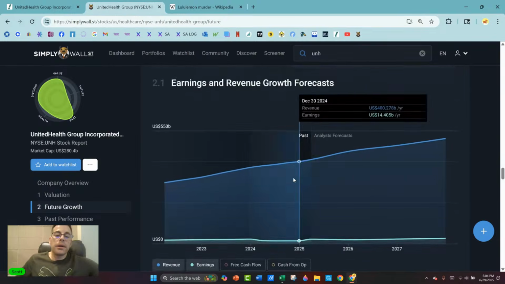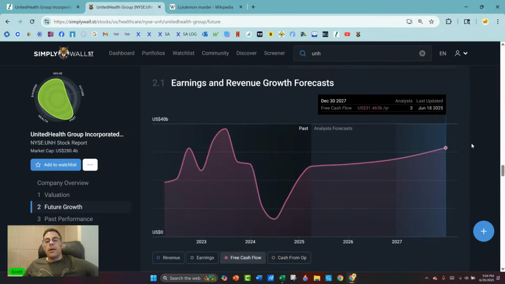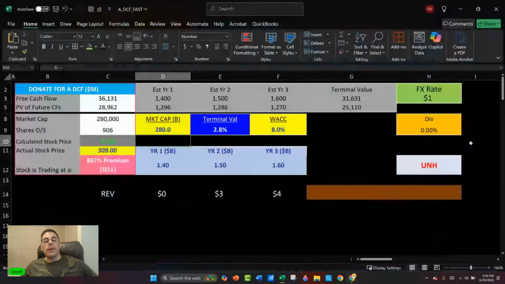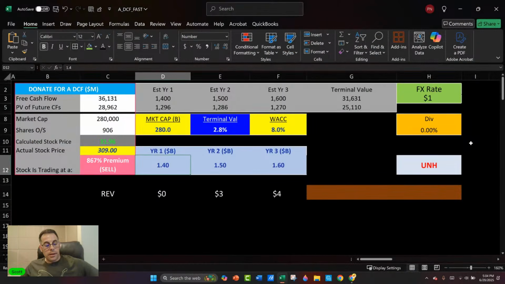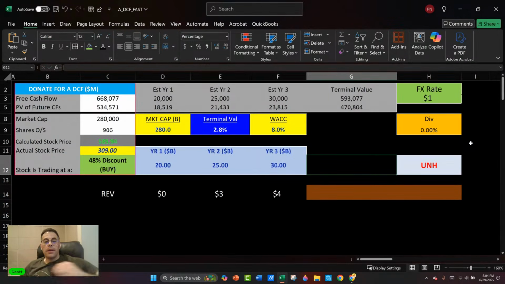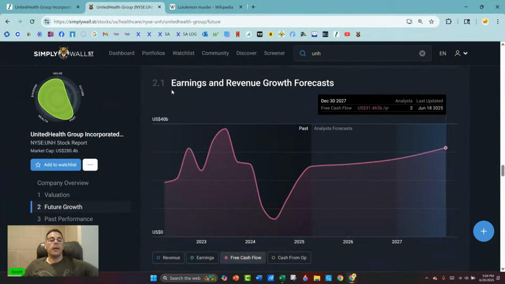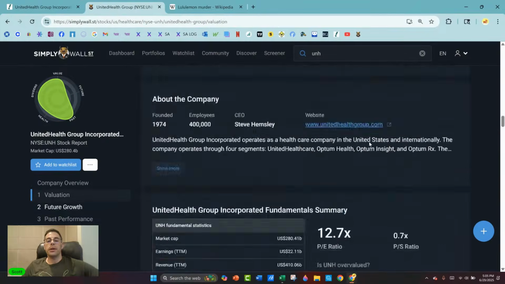Let's see the future. $31 billion. A lot of free cash flow. Yeah, it's still close to $600, which is where it traded before the crash.